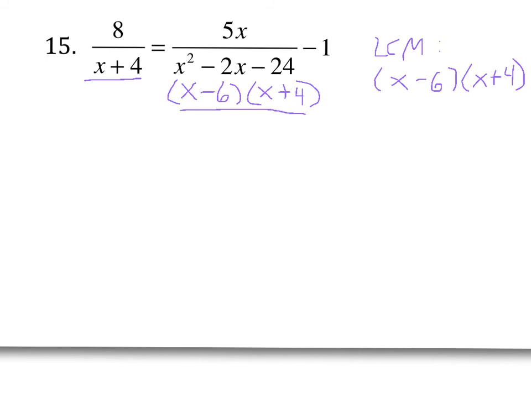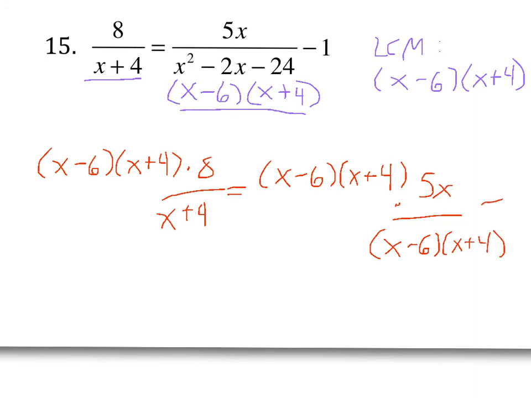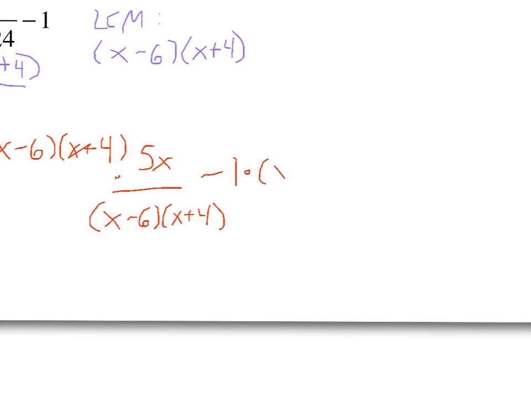So now we want to rewrite this as x minus 6 times x plus 4 times 8 over x plus 4 equals x minus 6 times x plus 4 times 5x over x minus 6 times x plus 4 minus 1 times x minus 6 times x plus 4.